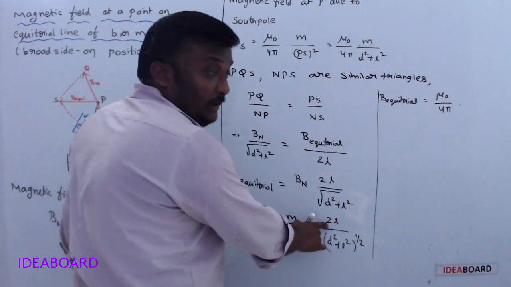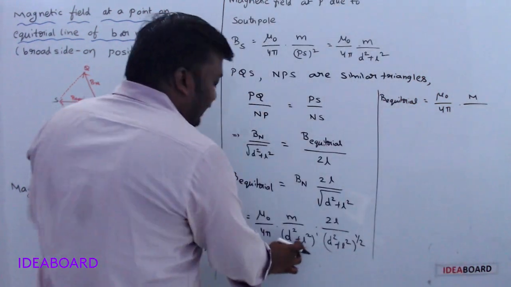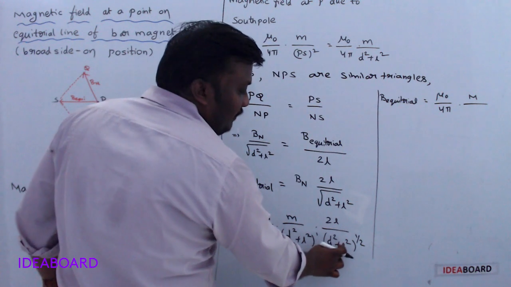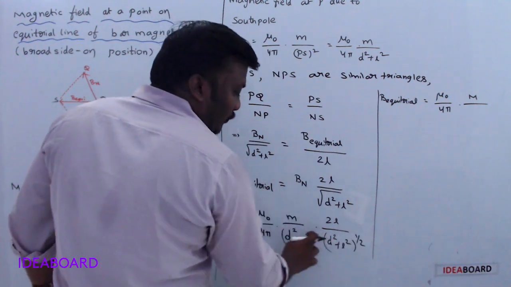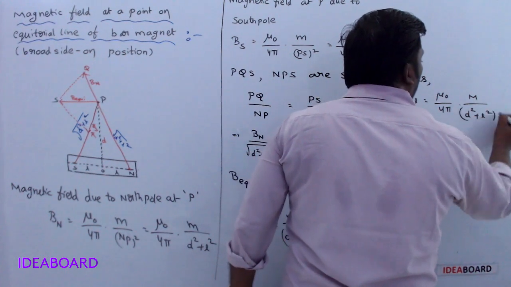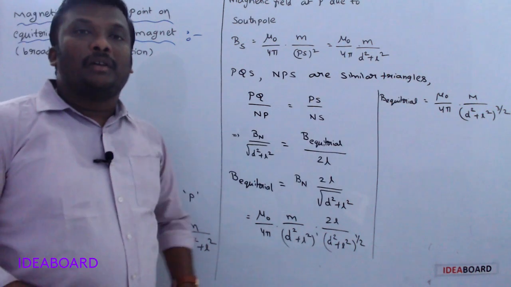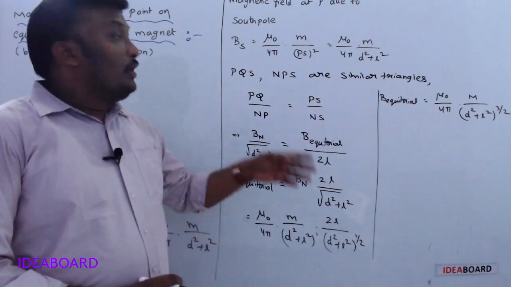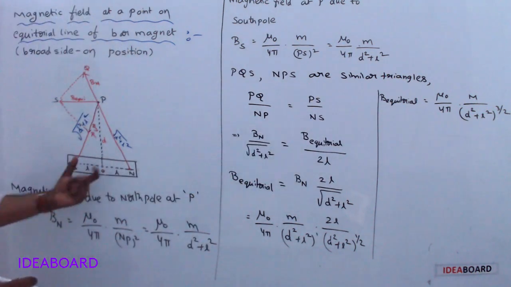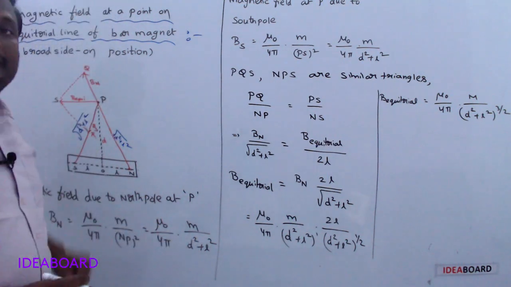M into 2L is nothing but the magnetic moment, capital M, by d square plus L square whole power 1 by 2, that is 1 plus 1 by 2, 3 by 2. So d square plus L square whole power 3 by 2. That is the formula for magnetic field due to a bar magnet at a point on the equatorial line.